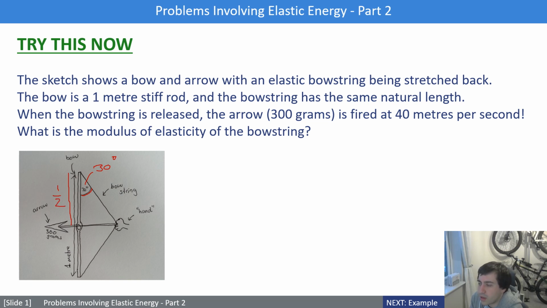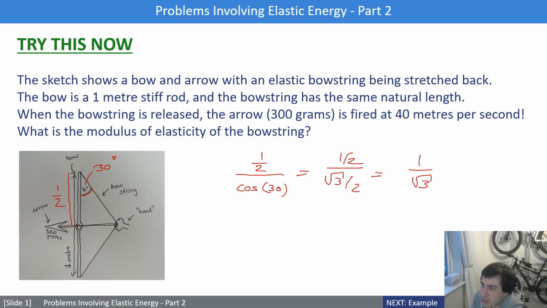If we then want the hypotenuse, we're going to use cos. So the hypotenuse is the adjacent divided by cos theta, isn't it? So if we take a half and divide that by cos of 30 in this case, which is a half over root 3 over 2, that gives me 1 over root 3.